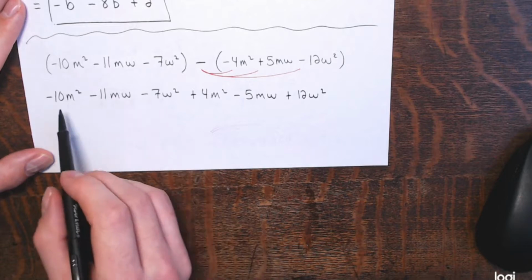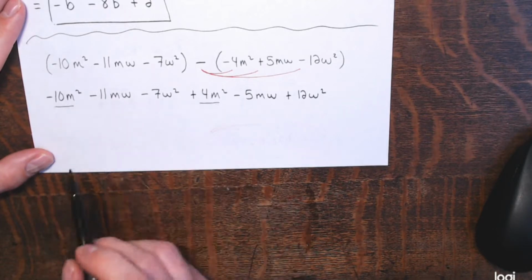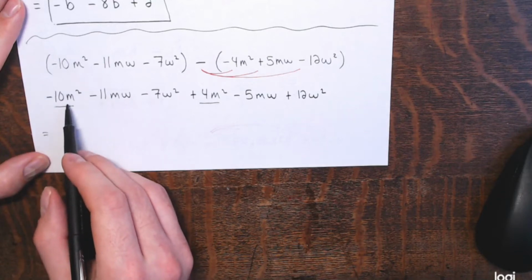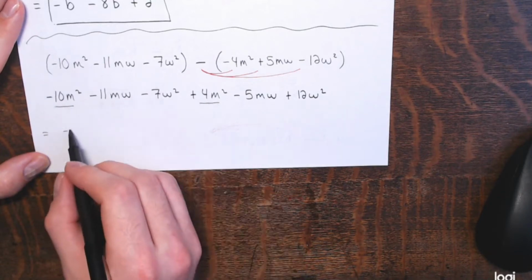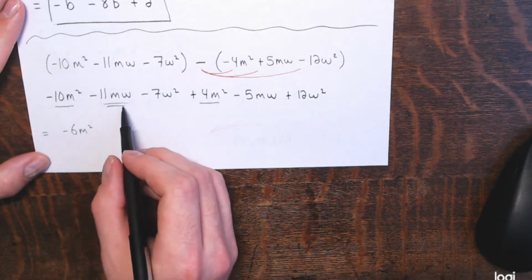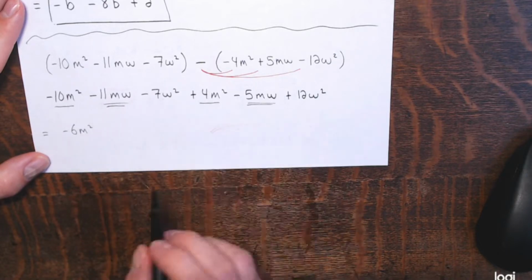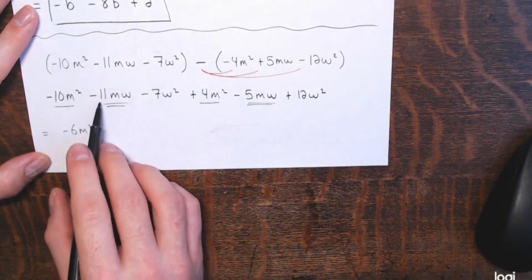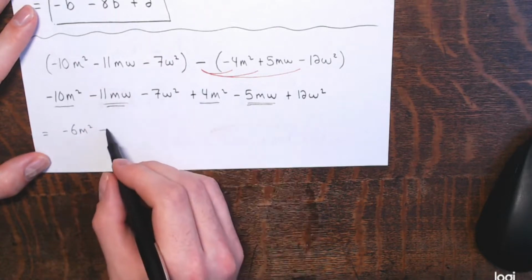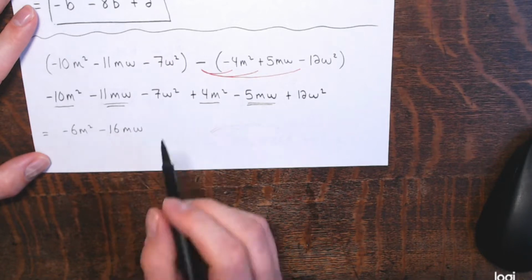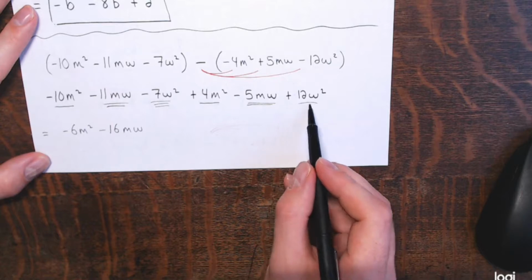And now I combine like terms. Again, you can rearrange them if you want. I'm just going to underline them. Negative 10m squared plus 4m squared would be negative 6m squared. And then here's these mw terms, right? They both have m and w to the first power. Negative 11 minus 5, that's negative 16 mw. And then these w squared terms would go together.